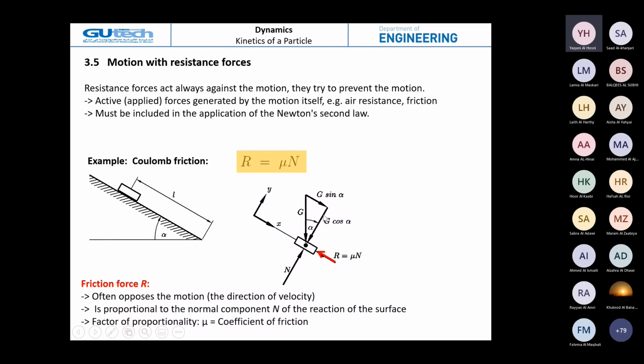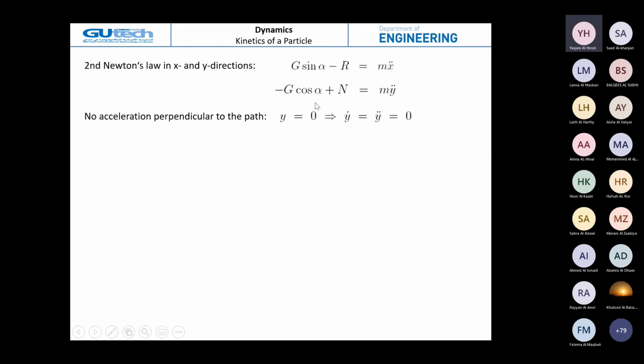In y direction, we have G cosine alpha, and the friction force R. Now we have minus R plus G sine alpha, equal to the mass multiplied by the acceleration in x direction. The same principle is used in y direction.